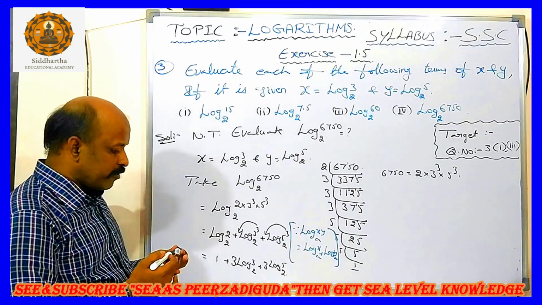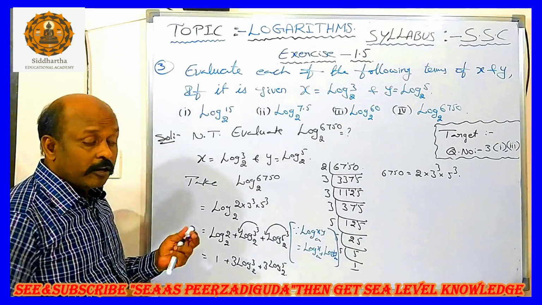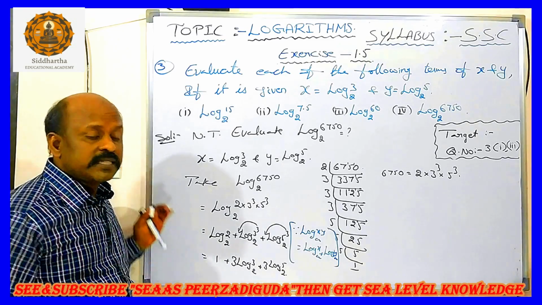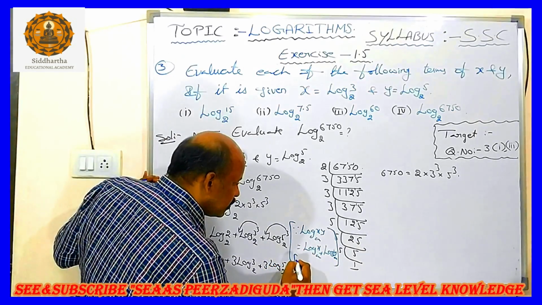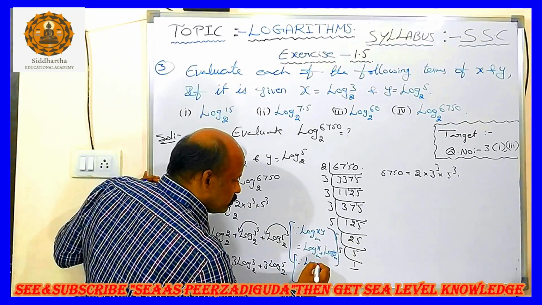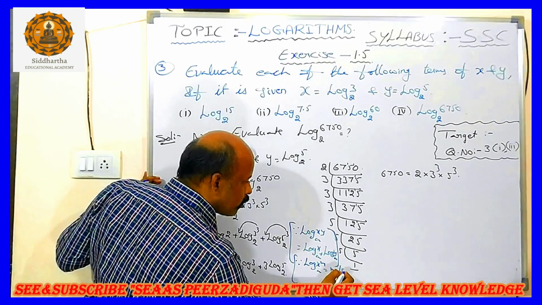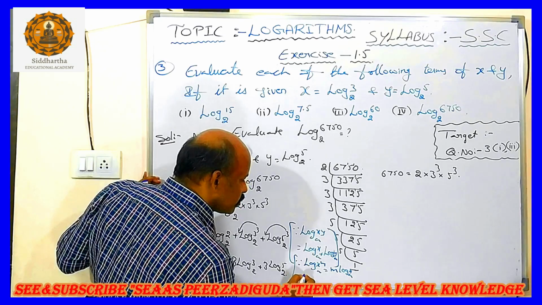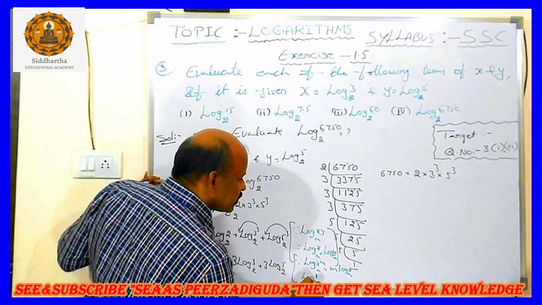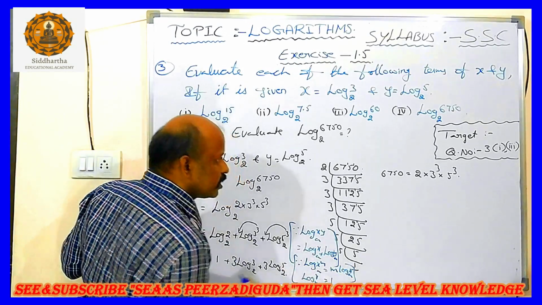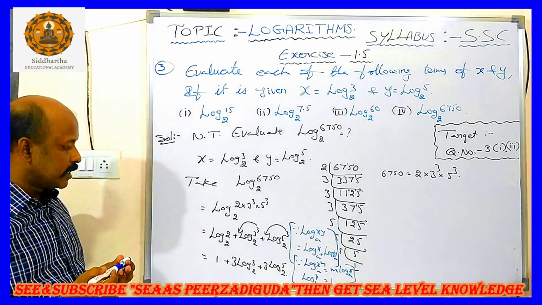So which formula is used over here? Power rule and also one more formula, log a base a formula. Since log x power m base a is equal to m log x base a, and also log x base x is equal to 1.